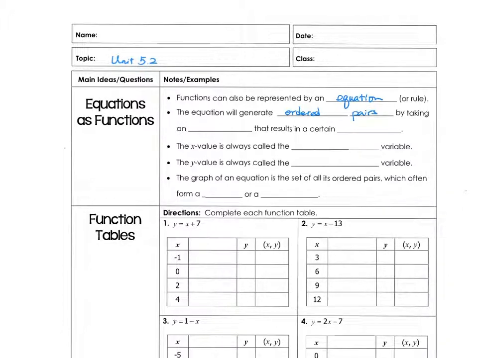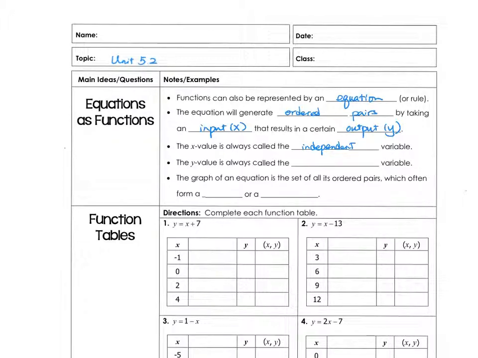by taking an input, which is my x, also called the domain, and spitting out one output, which is a y. The x value is always called independent, meaning I can grab any value independent from anything and everything.